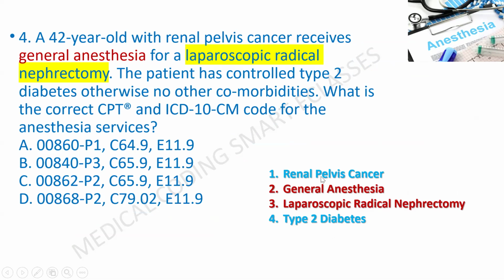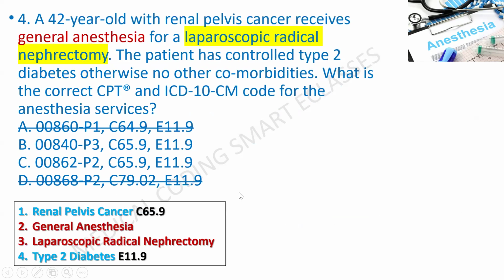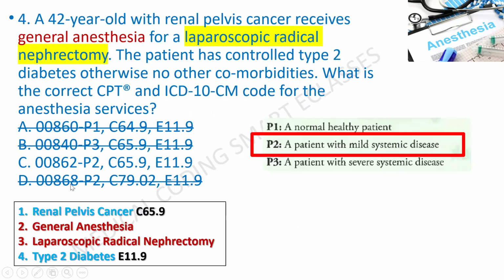So renal pelvis cancer, general anesthesia, laparoscopic radical nephrectomy, and type 2 diabetes. Here 00862. If we check, renal pelvis cancer is C65.9, so we take the option with renal pelvis cancer and remove options E and D.